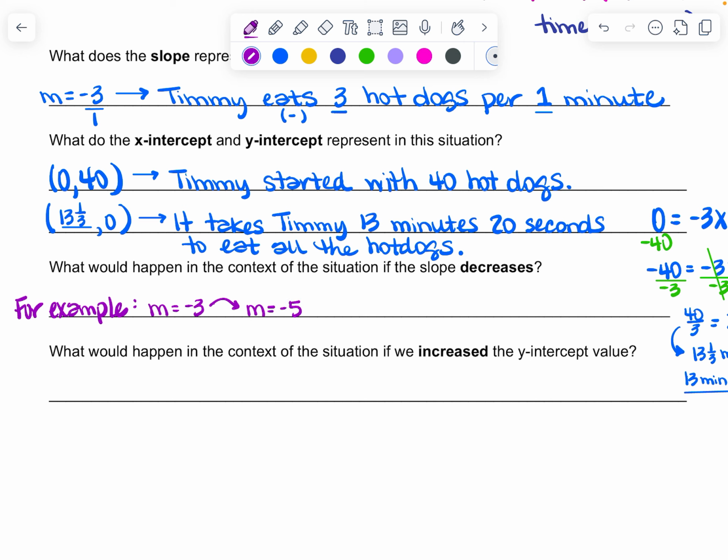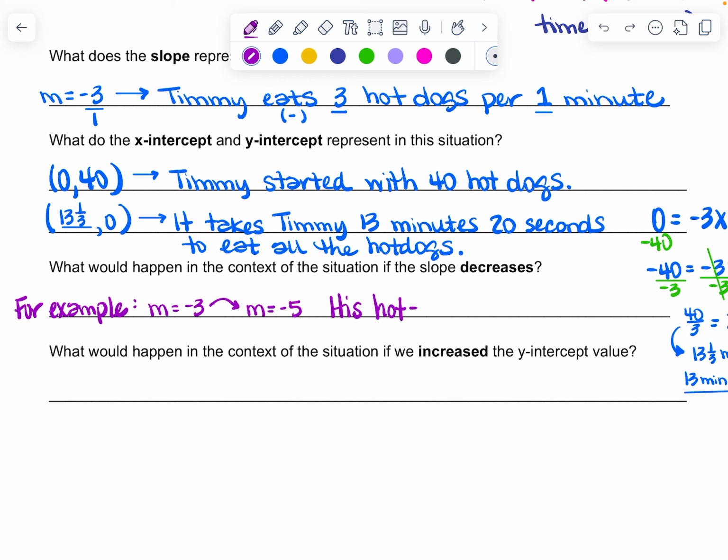Because it says decreases, I just think of a number smaller than -3, which would actually be -5. Because my slope is negative, instead of him eating 3 hot dogs per minute, now he'd be eating 5 hot dogs per minute. So if the slope decreases, it actually means his hot dog eating pace speeds up.